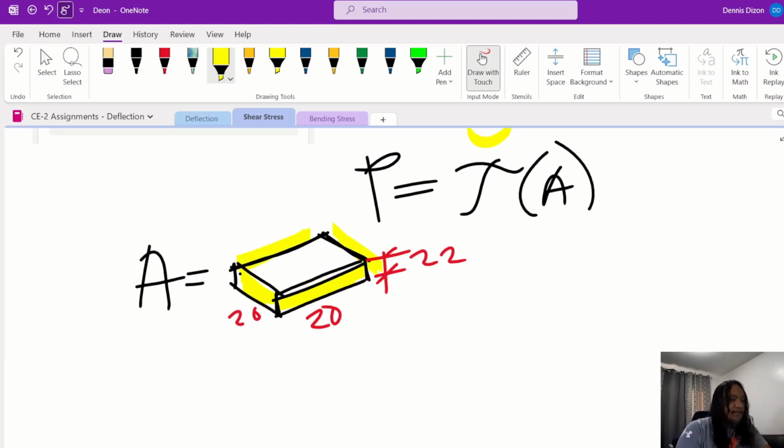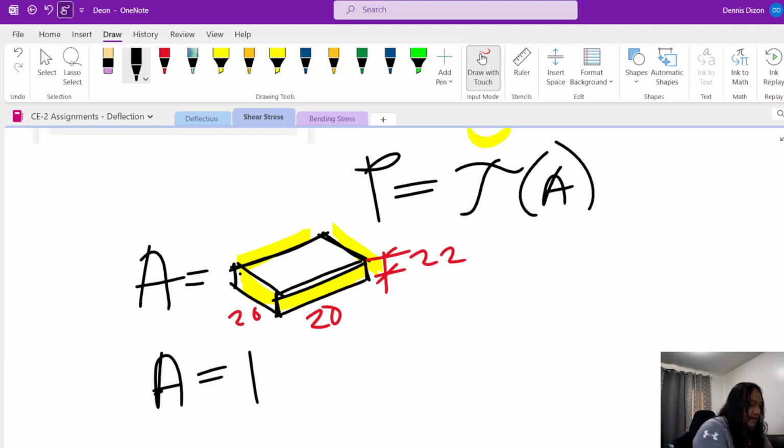So four sides. So therefore, our sheared area is equal to the perimeter. So area is equal to perimeter, we'll use small p so we won't confuse with the other P, times the thickness.